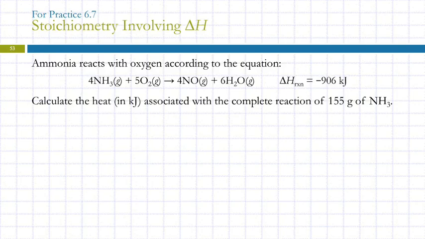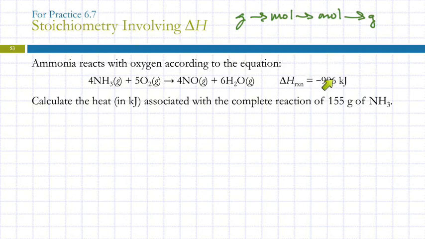So this is done with dimensional analysis, and it's similar to stoichiometry, which was grams to moles to moles to grams. Remember that? My starting value is a mass, so I'm going to start with grams and then I'm going to go to moles of ammonia. But I'm trying to find kilojoules.